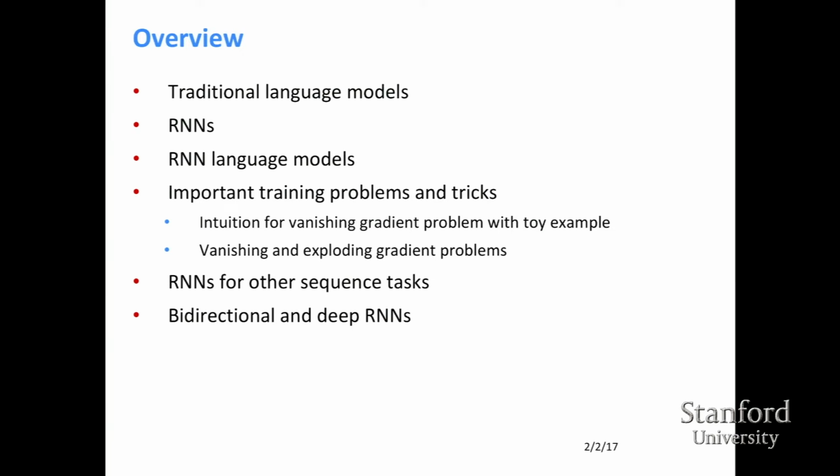All right, then let's take a look at the overview for today. To really appreciate the power of recurrent neural networks, it makes sense to get a little bit of background on traditional language models, which have huge RAM requirements and won't be quite feasible in the settings where they obtain the highest accuracies. And then we'll motivate recurrent neural networks with language modeling.